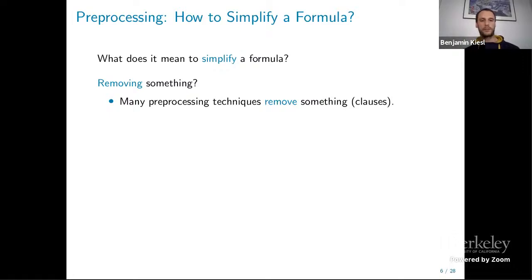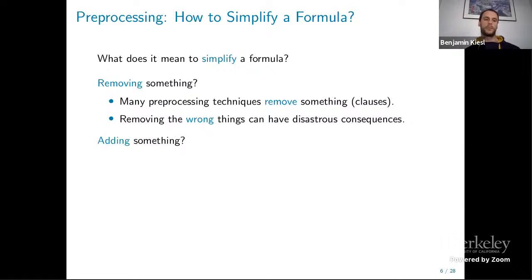And in fact, many preprocessing techniques do remove something, namely most often clauses. So that looks promising. However, if you remove the wrong things, that can have disastrous consequences. I'll not go into the details here, but you can show that for certain formulas, when you remove the wrong things, you will exponentially slow down your solver. So that's really disastrous. So removing is not always good, but it can be good.